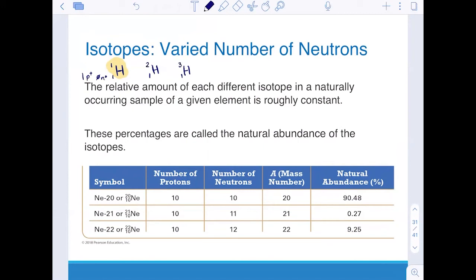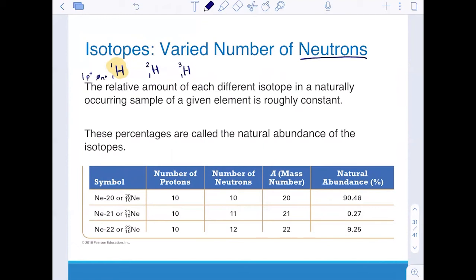We can make hydrogen 1, H1, a radioactive species by pummeling it with some neutrons. 2 of them latch onto the nuclei and we make tritium, H3. Just a couple of different tidbits. You don't need to know about the specific properties, but you should know that all elements have the possibility of varying their neutrons, and so all elements have the possibility of having isotopes.